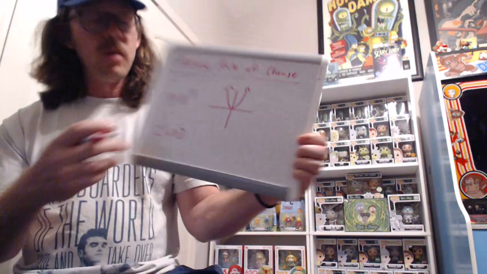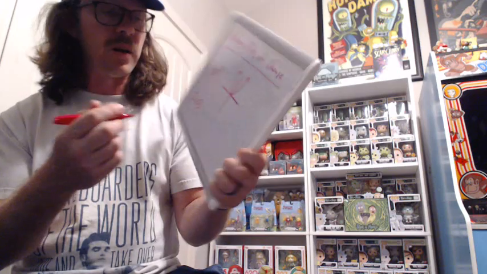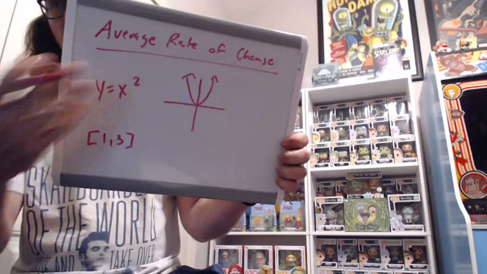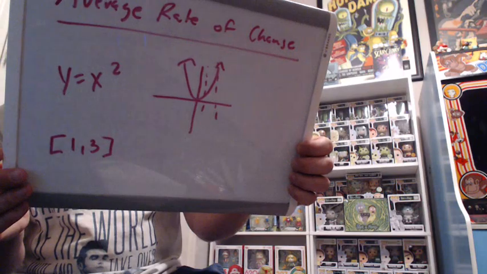And you might say, well, isn't that a point, Mr. Winslow? No, this is actually a part of the domain. So essentially what we're going to do is cut off this graph from 1 to 3, like right through there, and find a slope for those two points.